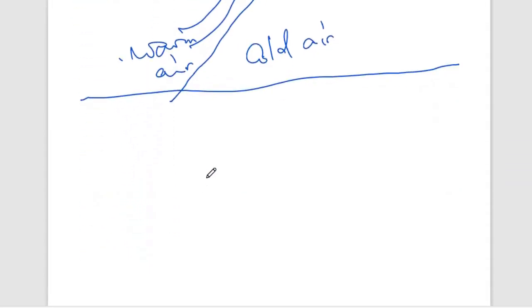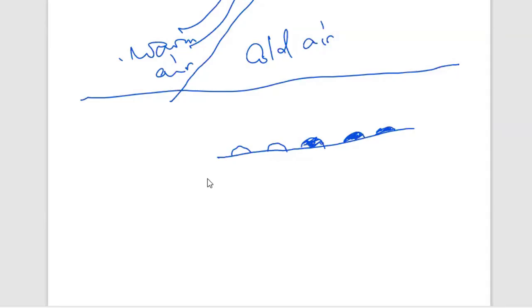So a warm front, when we're indicating it geographically, we use a line and we use some semicircles like that. This is different from the triangles. These ones now are semicircles that we put and we shade them, shaded like that.